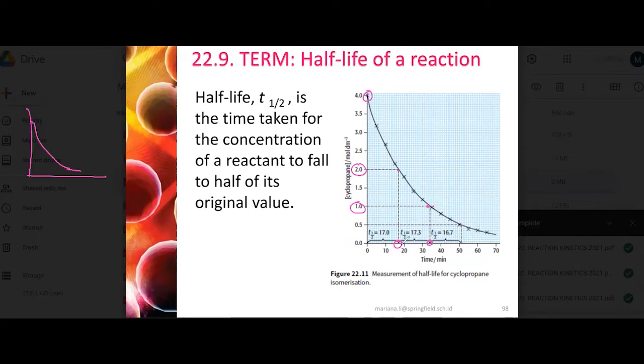According to this graph, the difference is 17.3, and then if it falls to 0.5, the T half is 16.7. So 17, 17.3, 16.7, all similar, like 17. So we assume this is constant. If the successive half-life is constant, this confirms it is a first order reaction.